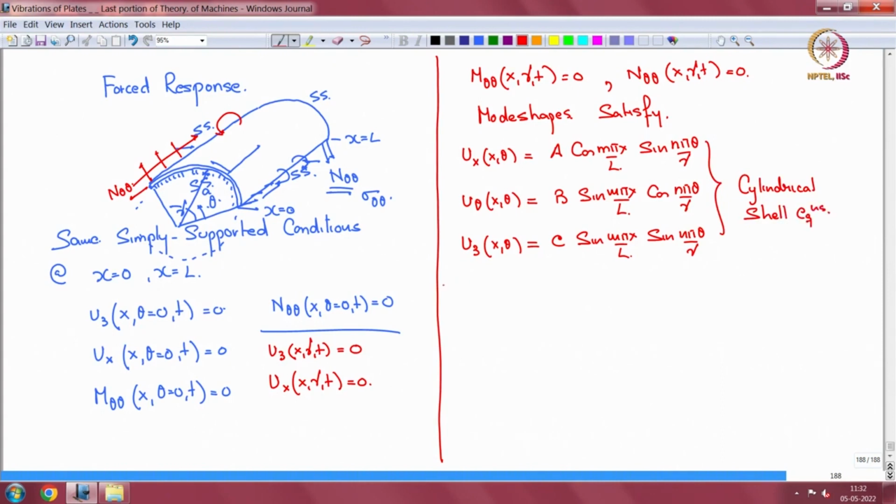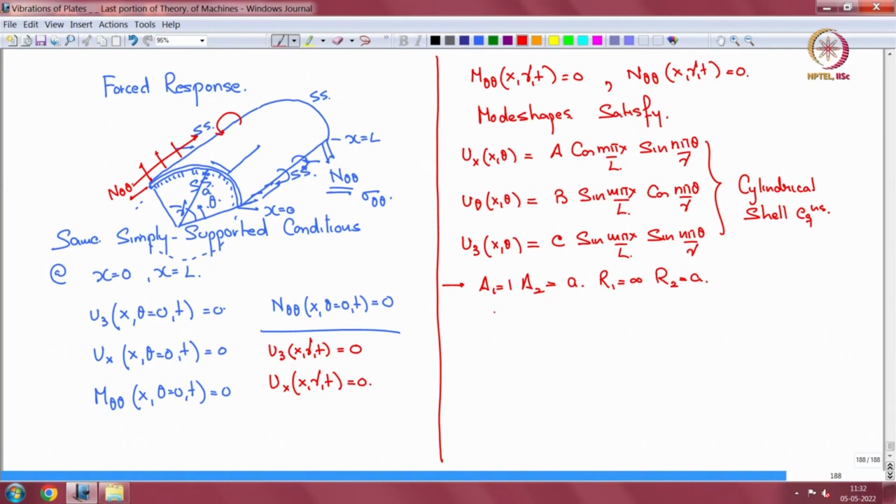The general equations with A1 equal to 1, A2 equal to a, let us say that is the radius a, then R1 is equal to infinity and R2 is a. In the general set, if you substitute this, you get the cylindrical equations. Into that you substitute these mode shapes.